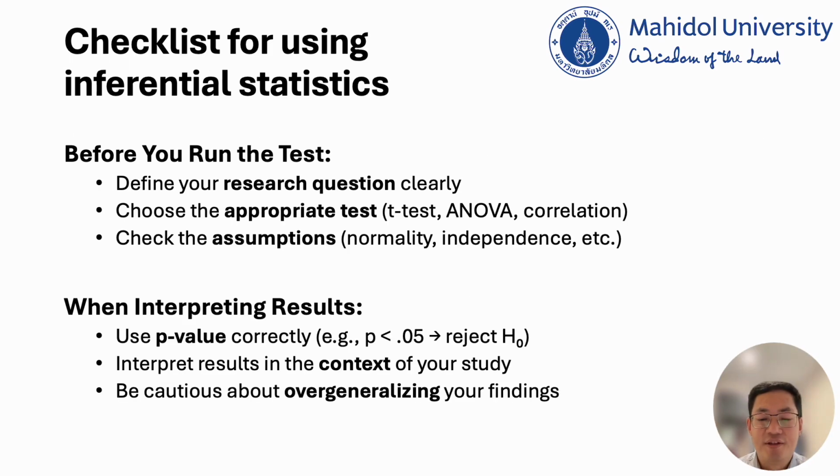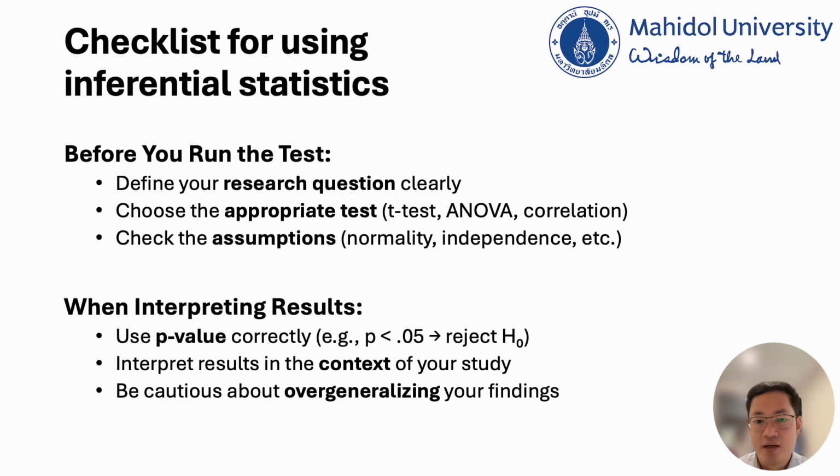This simplified checklist helps you apply inferential statistics properly and avoid common mistakes. First, make sure your research question is specific and measurable. Then, choose the most suitable statistical test based on your own research design and types of variables.